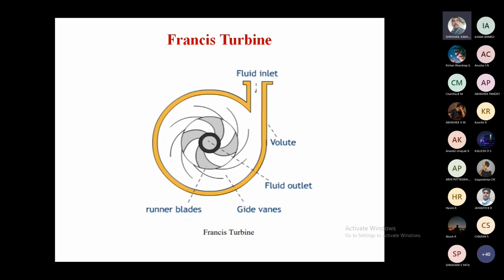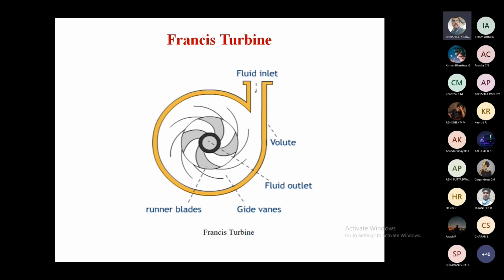Please remember, the water leaves the Francis turbine axially: it enters like this, and axially it leaves the turbine. So the main important parts of this Francis turbine are, and these are also called axial turbines because the outlet of the water is axial.